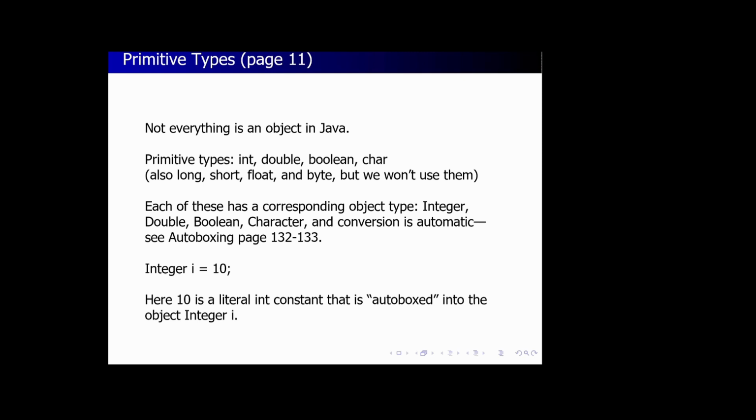Well, every primitive type has a corresponding object type. It's very easy to go from one to the other. It's called autoboxing, and it's described here in the textbook. So here's an example. We can take an Integer object. This is a literal for the int 10, but it's autoboxed into this object I. Okay. Any questions on that? Okay, hope everybody knows that.